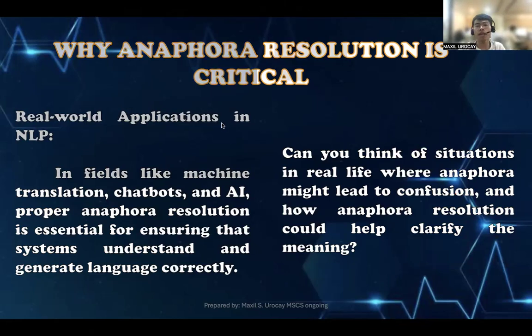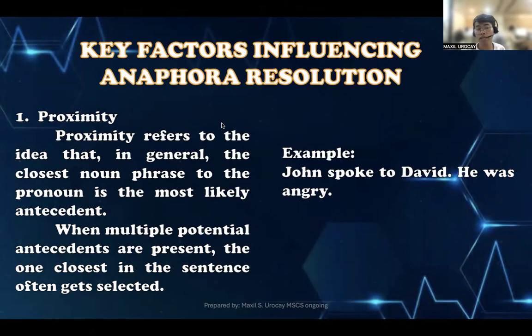Okay. Now, the key factors influencing anaphora resolution. First is proximity, which refers to the idea that, in general, the closest noun phrase to the pronoun is the most likely antecedent. When multiple potential antecedents are present, the one closest in the sentence often gets selected.